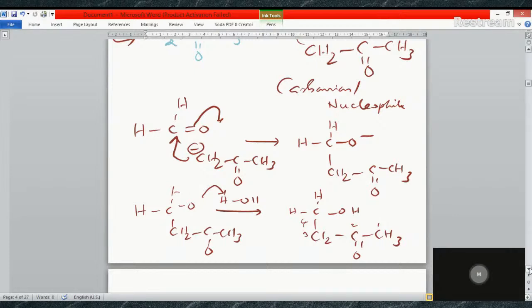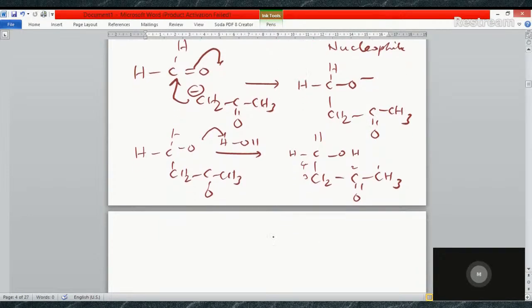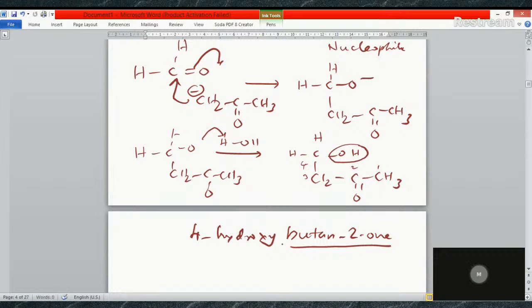So the root word must be butane, but as it is having the ketonic group, we can call it as butan-2-one, the ketone, butanone. The hydroxy group is present at the 4th position. So you can call it as 4-hydroxybutan-2-one. That's the IUPAC name of this compound.